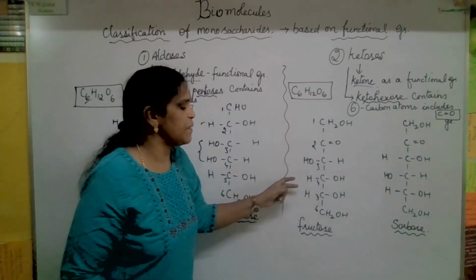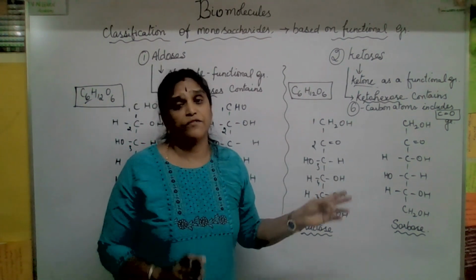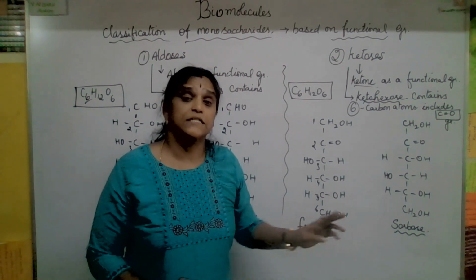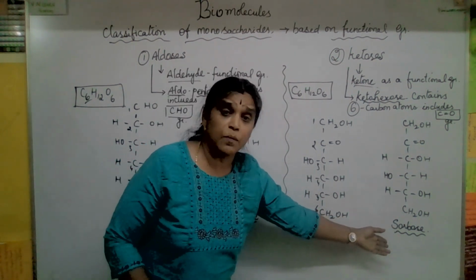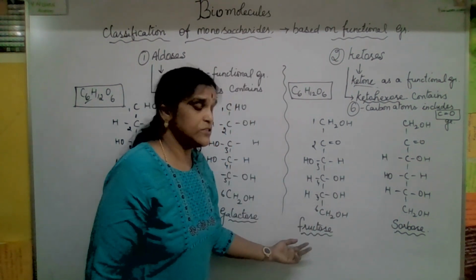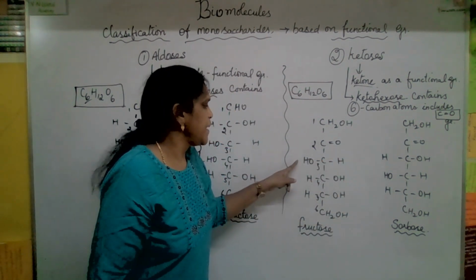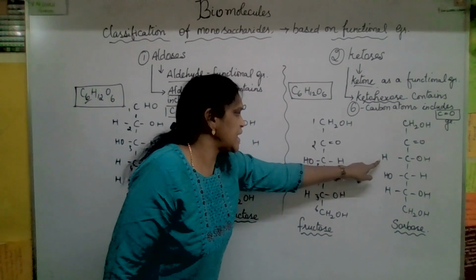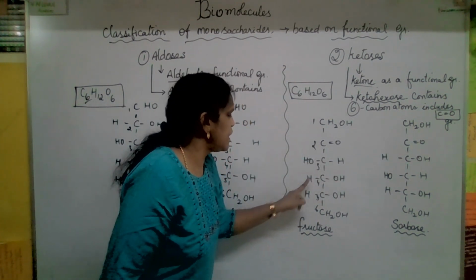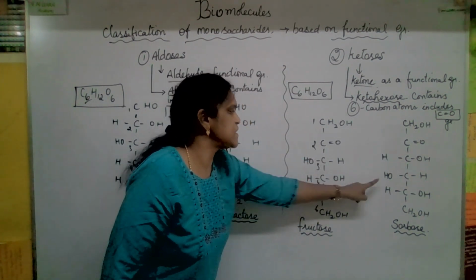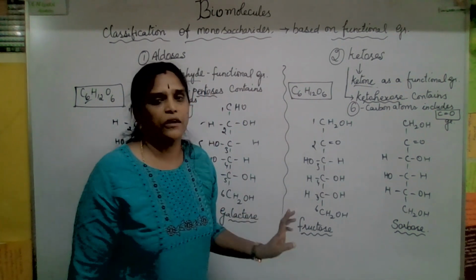Here you just remember, usually only glucose and fructose they'll be asking. Suppose if they are asking about the sorbose formula, you just imagine this formula, then you go for the zigzag. Okay, you see OH, H here, HOH. Here HOH and OH here. Rest of that will be the same.